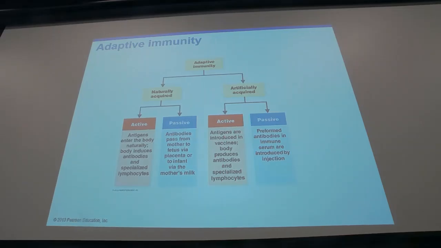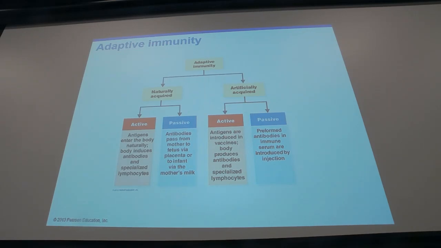And in this case, you will start developing your own antibodies without having to get the infection. So in both naturally acquired or artificially acquired, when they are active, that means that you produce your own antibodies. But naturally is when you get the infection, and artificially is when you get a shot with vaccines.